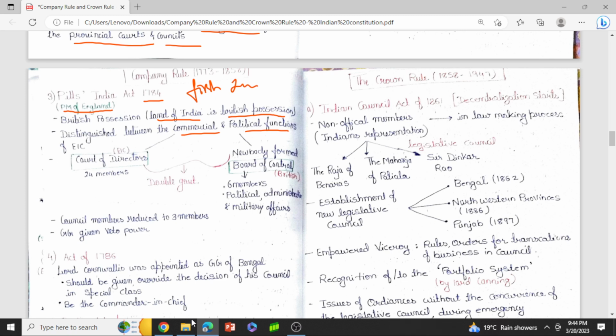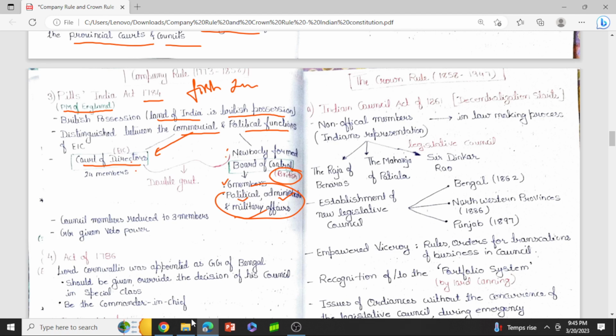For distinguishing those things, the Court of Directors, which was already a governing body of the company, was given commercial powers, and a new body was formed. This body was called the Board of Control, which was framed by the British Parliament. There were 6 members in this Board of Control, and they had political, administrative and military affairs. They used to control all this.